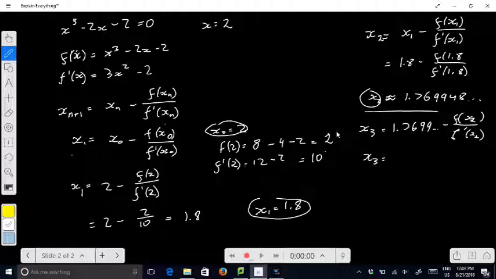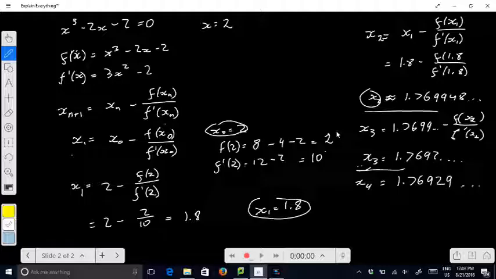So x3 is going to be 1.7692, and we can keep going. x4, again, you can use the previous term, and we get 1.76929. And so both x3 and x4 are basically the same for the desired degree of accuracy, because we wanted 4 decimal places.